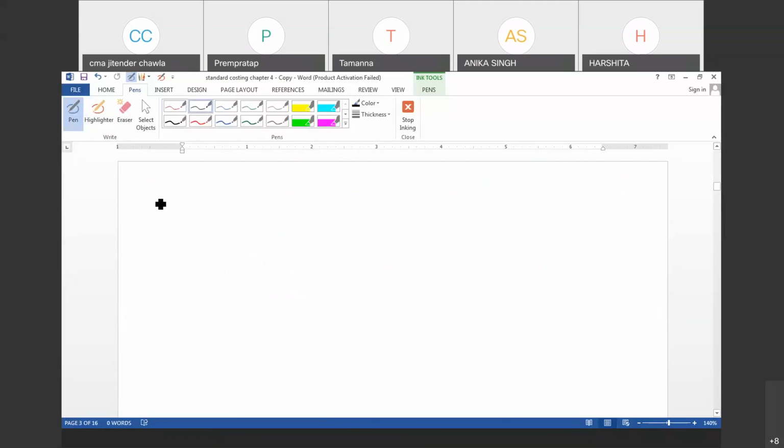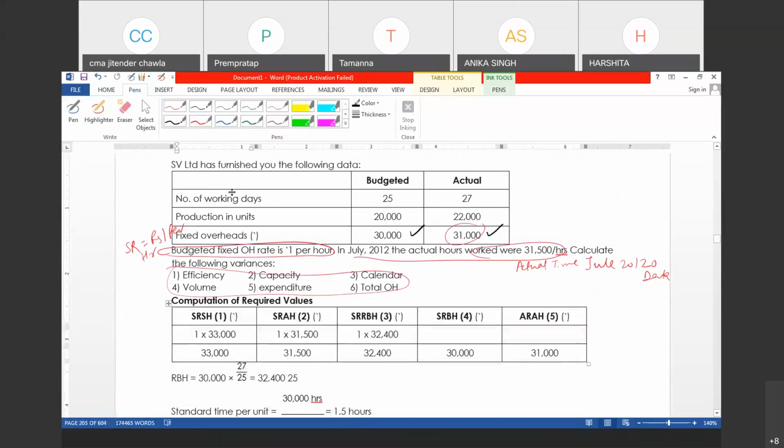What I am saying, just consider the cost. Cost is given to you, 30,000 rupees. This cost is 30,000. And what is the standard rate? 1 rupee per unit.